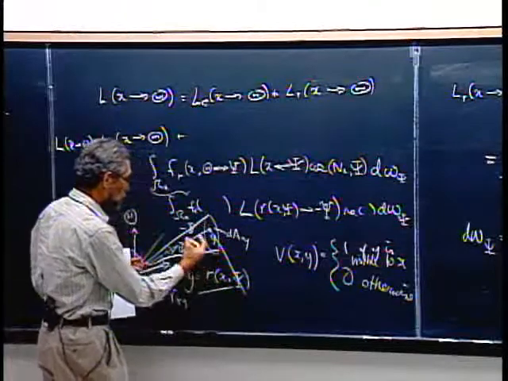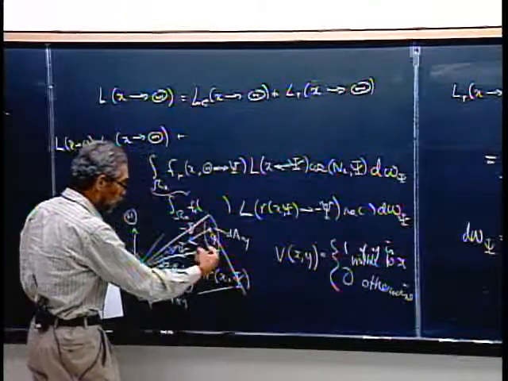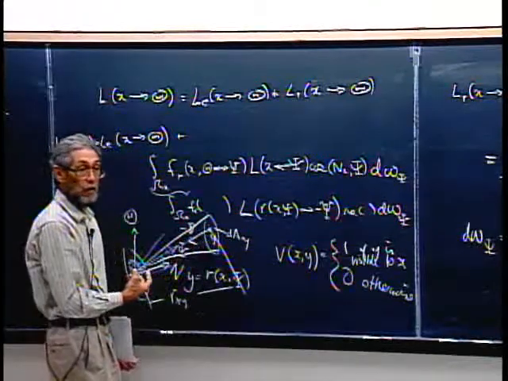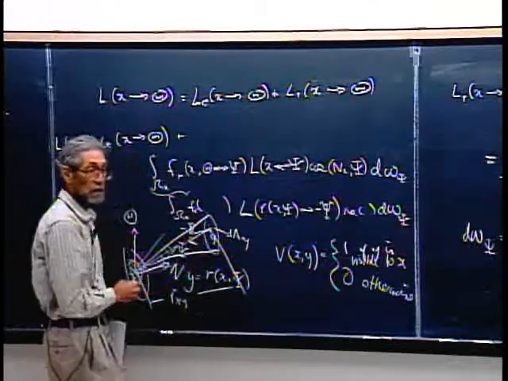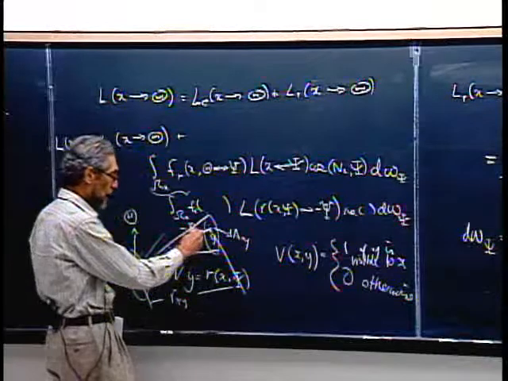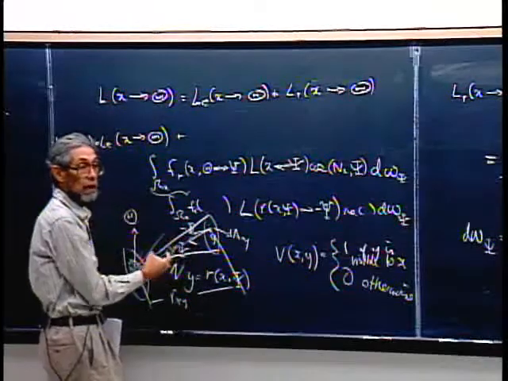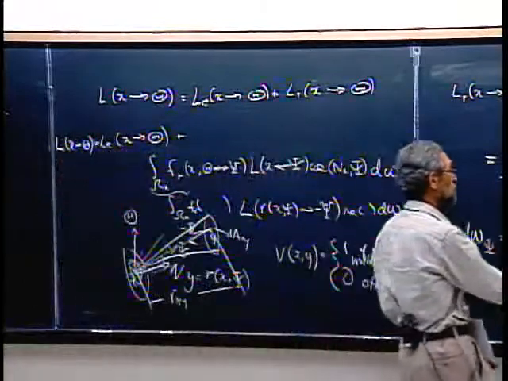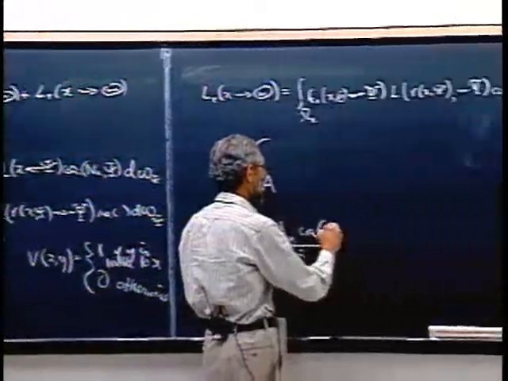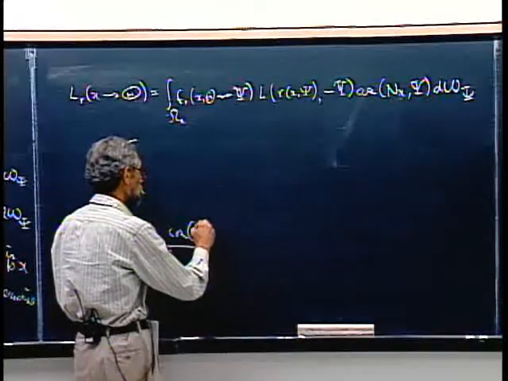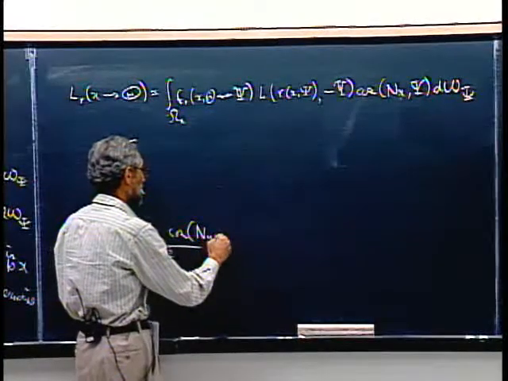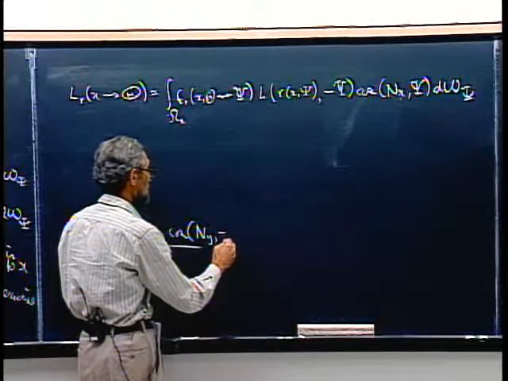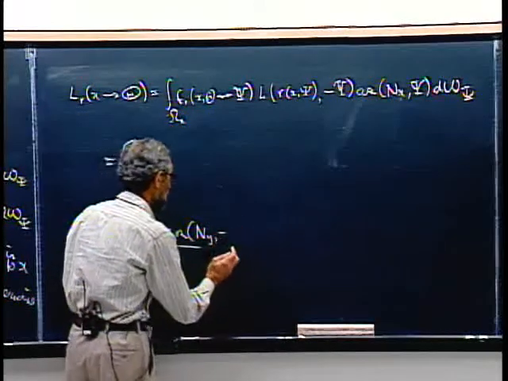If the normal of this dAy pointed along the direction psi, that would be the right answer. But if it doesn't, and there's some angle between them, then we have a foreshortening. So times the cosine of the angle between the normal at y and the direction minus psi.